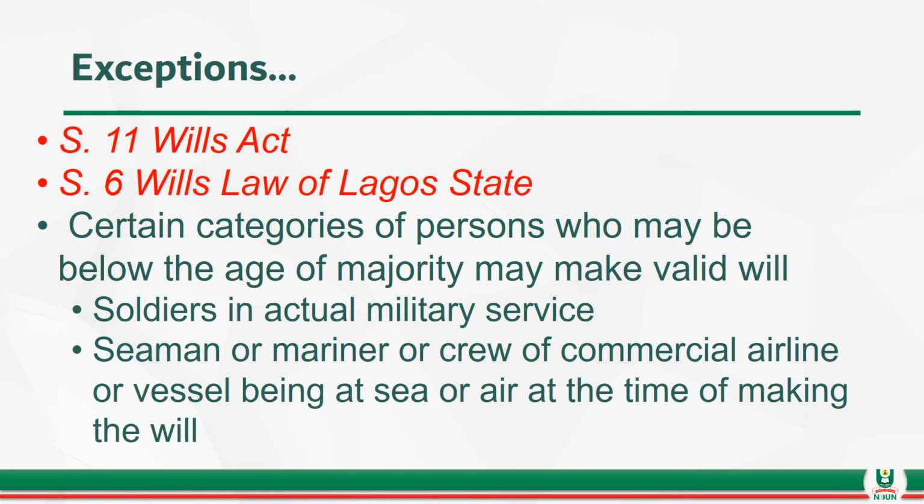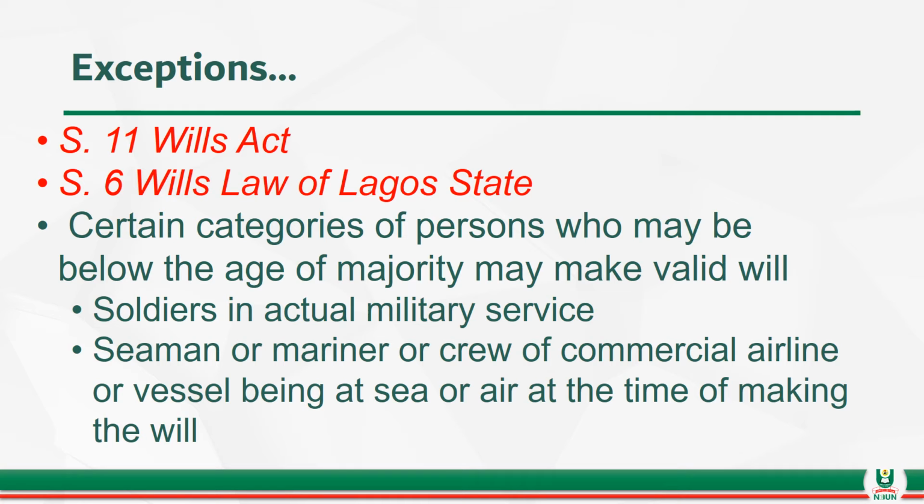But there are exceptions to this rule. And on these exceptions, you'll be looking at Section 11 of the Wills Act and Section 6 of the Wills Law of Lagos State. Under these exceptions, certain categories of persons may be able to make a will even though they are below the age of majority. The point really is that these sections of the law recognize that there might be situations of emergency or urgency where a will is very necessary. However, the maker is not up to that age.